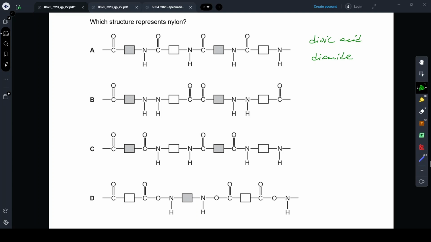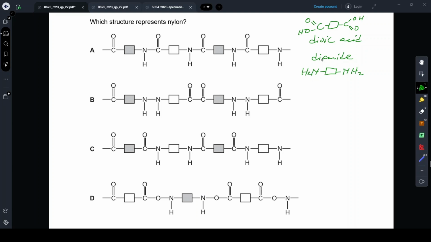Which basically means you're using a molecule that has the carboxylic acid group on both ends, and a molecule that has the NH2 group on both ends.